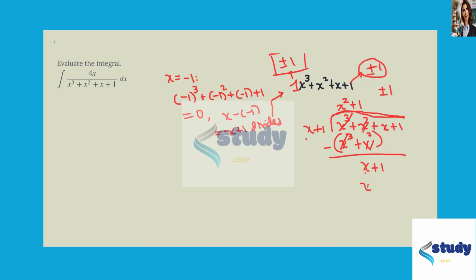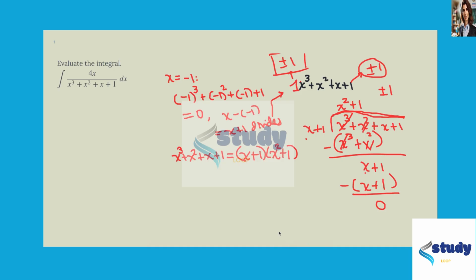And then we get x plus 1, and we should get a remainder 0, and that's what we get. So this tells us that we can write the denominator as x plus 1 times x squared plus 1. So much easier to deal with.